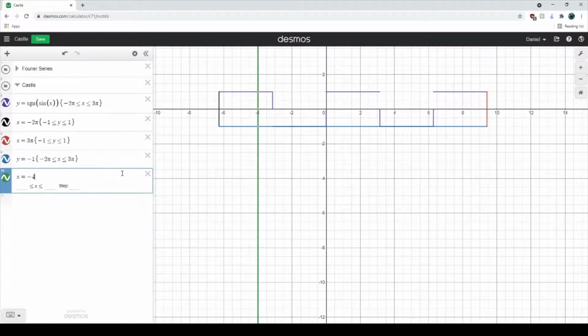This is your castle. We know we want y2 to be at least at this top bound here, and let's say I want to end at around minus 10. So let's do that.